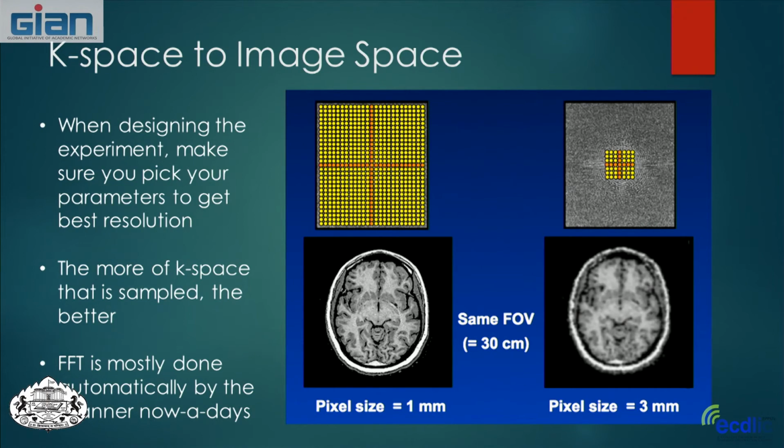And you can see on the right side, this has only been sampled in low frequencies with a bigger voxel size. So again, the smaller your voxel size and the more of K-space that you sample, the better data that you're going to get. And again, you have to take the Fourier transform to get from the K-space at the top to the image space at the bottom.